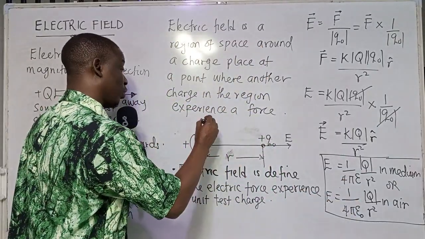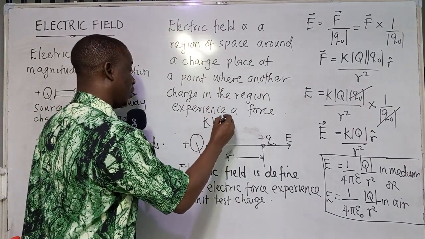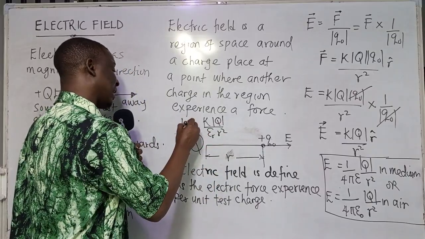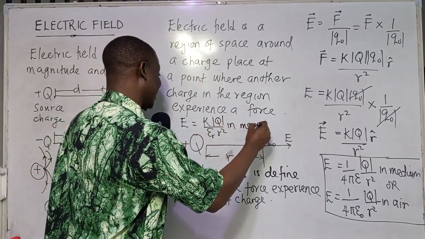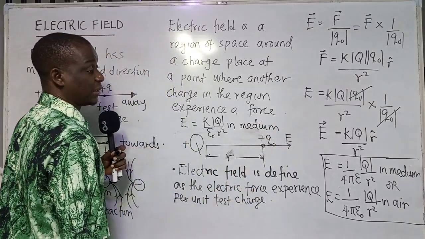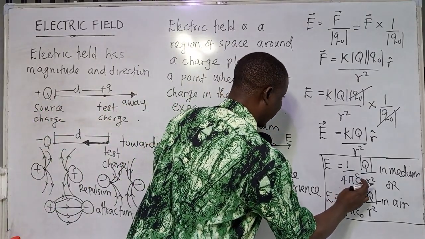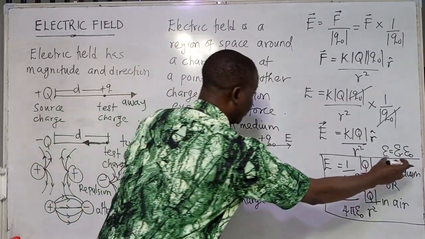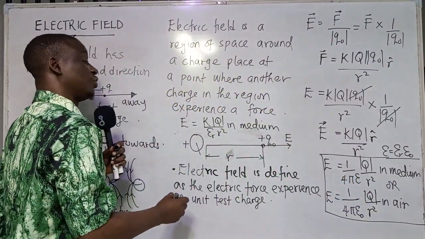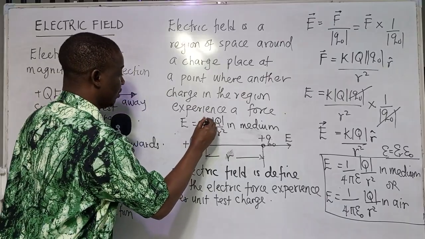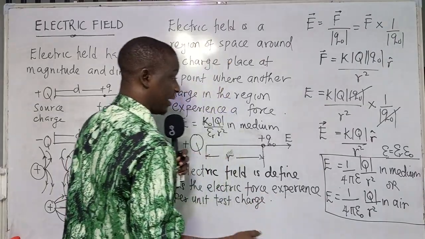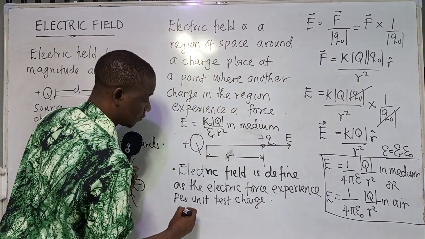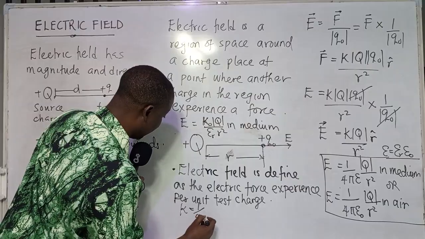Basically, you can write it as K Q over epsilon naught R square. If it's in medium, that is E in medium. Now you can write it like that. It's the same thing. If you go and check my class in chapter 1, you can write epsilon as epsilon R times epsilon naught. If you put it there, you are going to discover that our K, which is K naught, will be 9 times 10 to the 9, which is 1 over 4 pi epsilon naught.